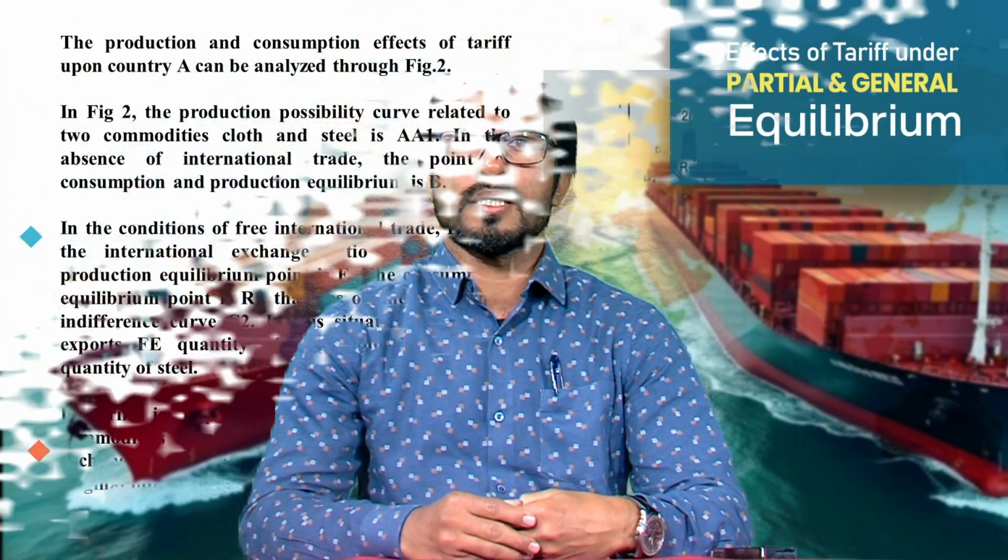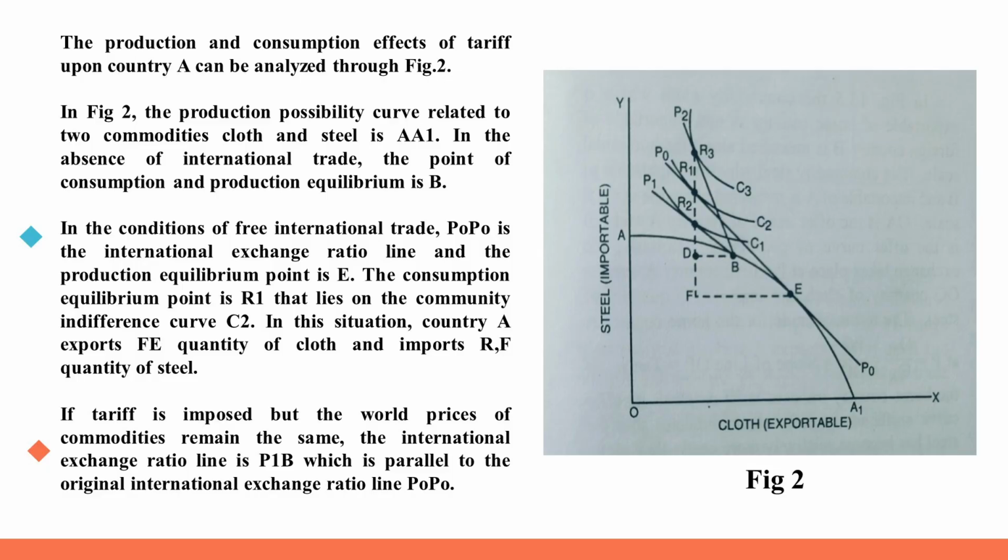In figure 2, the production possibility curve related to the two commodities, cloth and steel, is AA1.